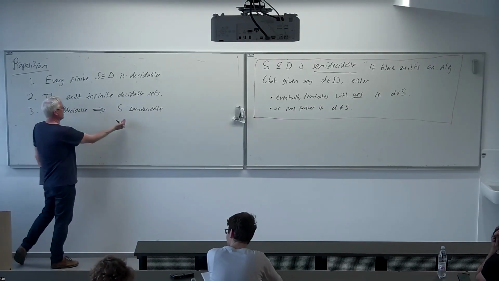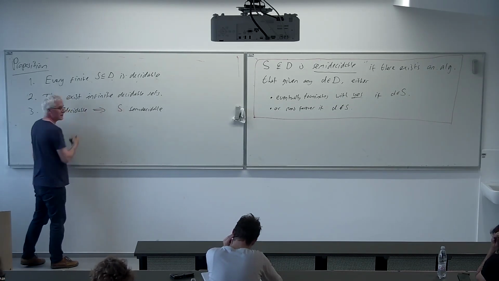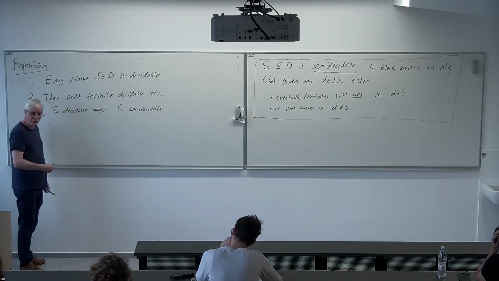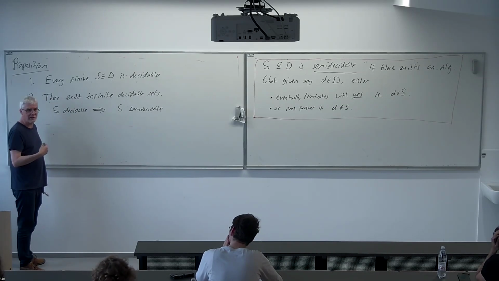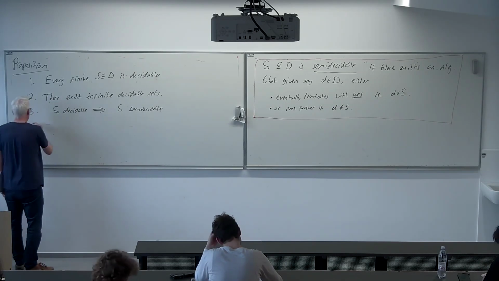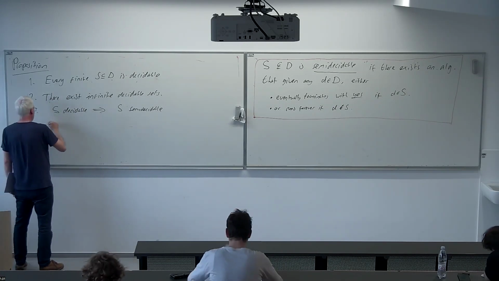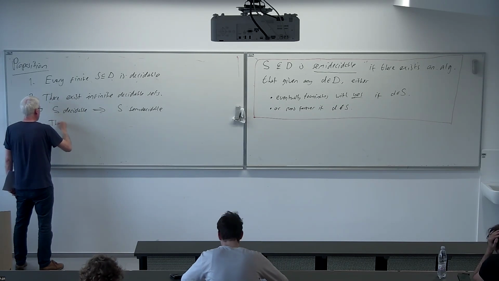But the fact that there exist semi-decidable sets that are not decidable is not obvious. And this is a result in computability theory, which I'm not going to prove today, but let's just state it.